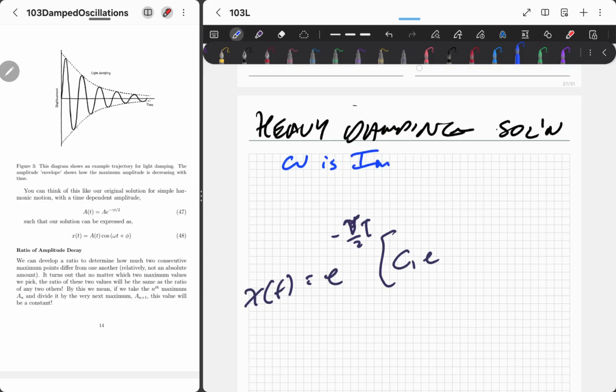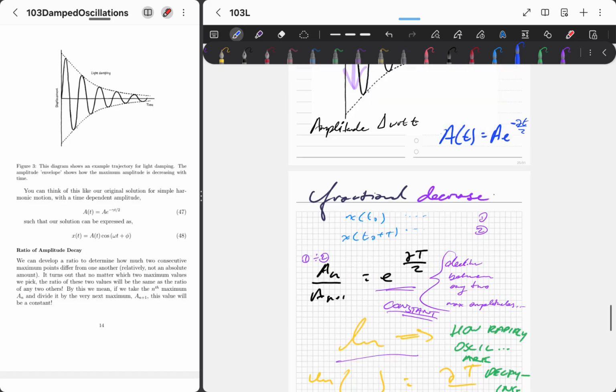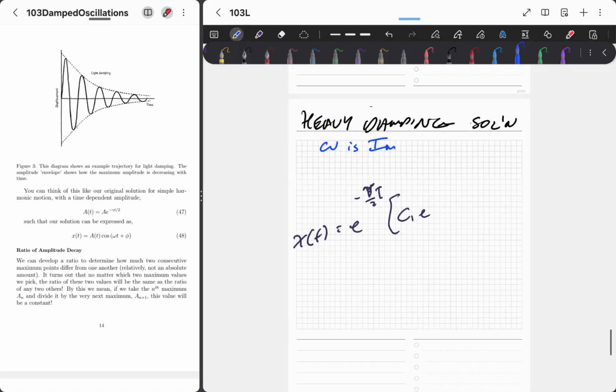The heavy damping solution is literally if we just plugged in our roots to the characteristic equation into the exponential function. But we can't use Euler's formula. We're just done immediately, okay? So you take the roots to the characteristic equation, sub it back into e to the rt, you have two roots, you're done. Here's the heavy damping solution.